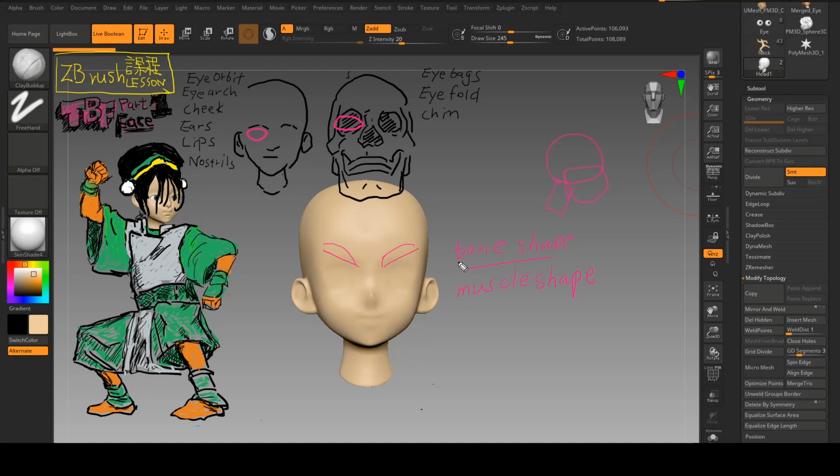Apparently, bone is under the skin, muscle. But the important thing is you have to think about two things at the same time. If you sculpt this angle, maybe the face looks a kind of angry.